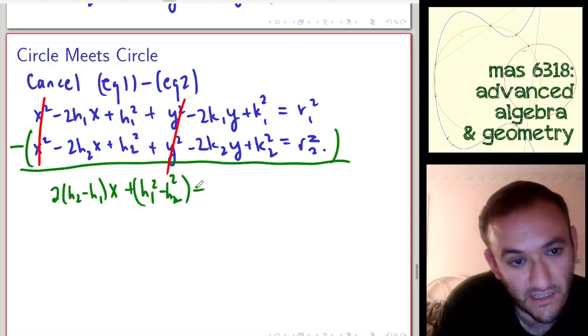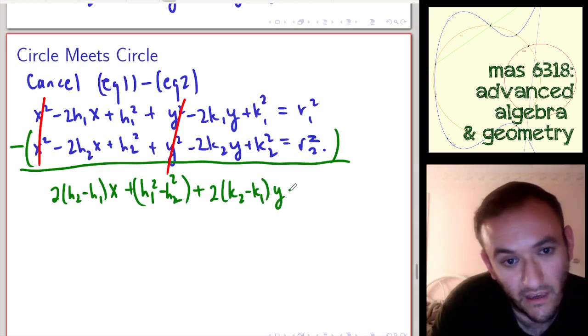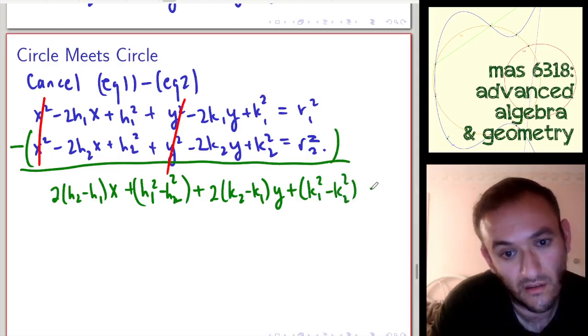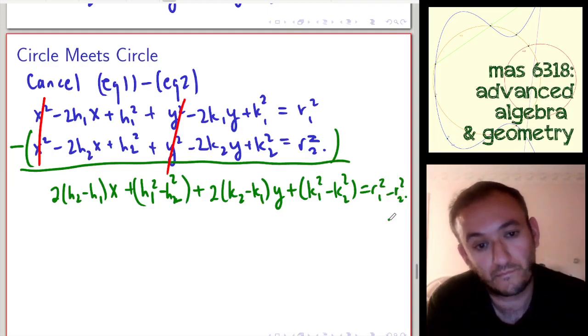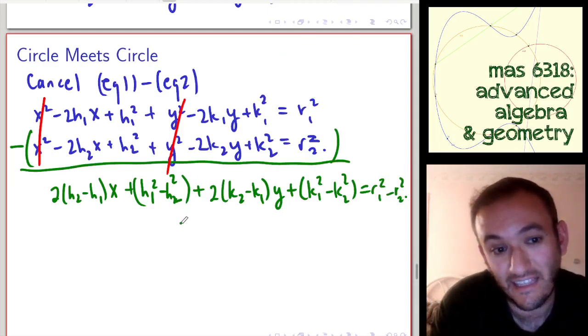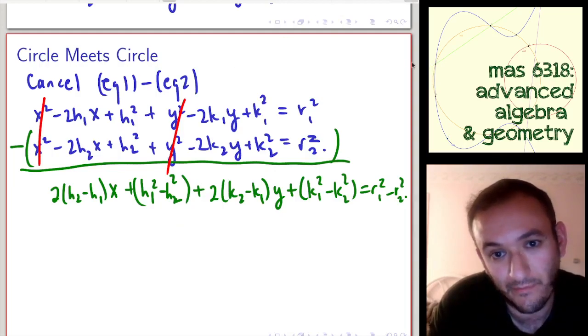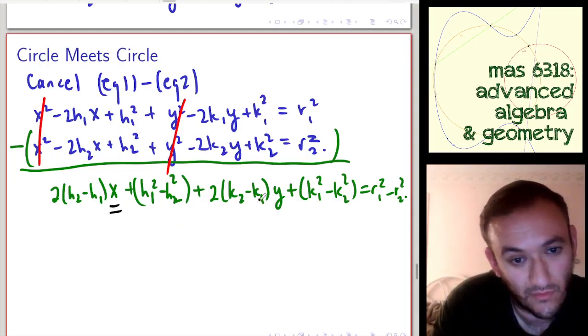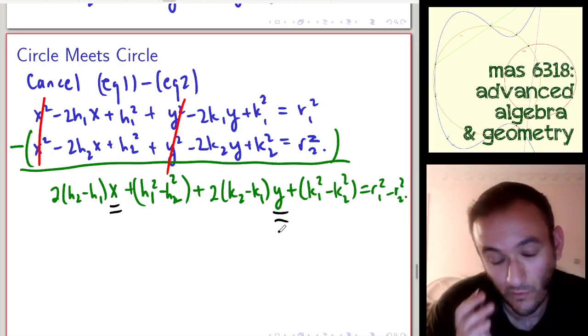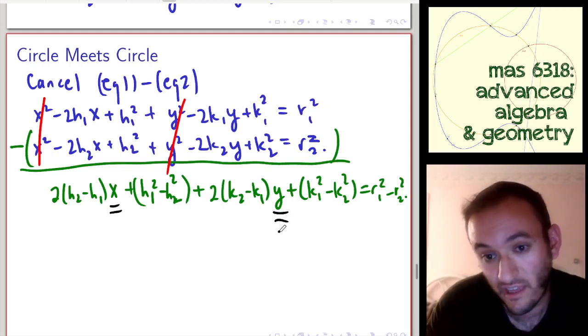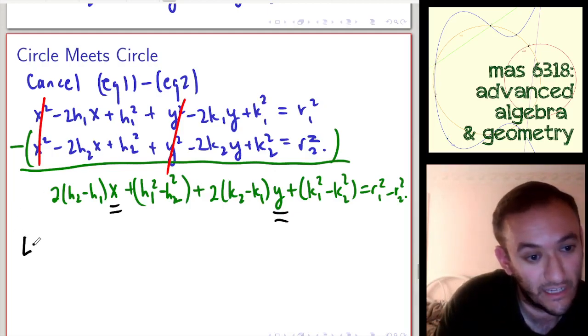And then plus 2(k2 minus k1)y plus k1 squared minus k2 squared equals r1 squared minus r2 squared. Okay. And now what we have is a linear equation in x and y, right? These are degree 1 terms in x and y, and everything else is constants. Okay, so this is a linear equation.